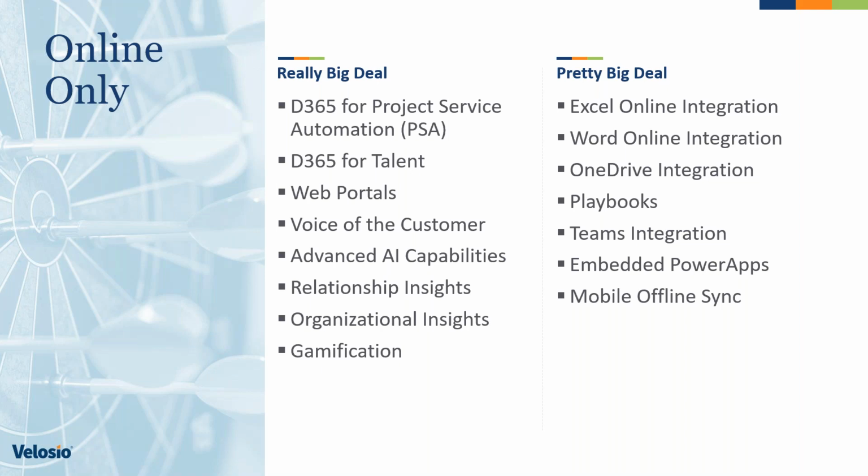This module did come out a couple of years ago, but it's only been available online. I often see people asking, when can I get this on premise? And I haven't heard that Microsoft is planning on making it available on premise. So that's a good example. Playbooks is one of the latest features that Microsoft has introduced, and that's an online only feature.